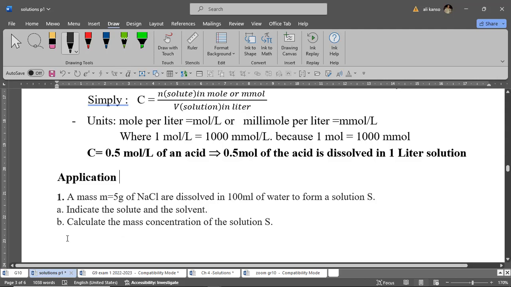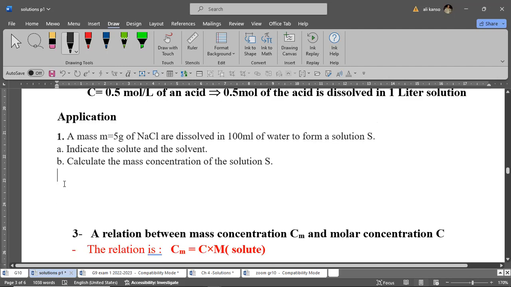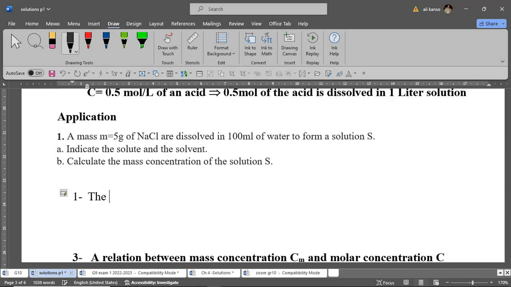Second, calculate the mass concentration. It's very, very easy. First of all, what is the solvent or solute? The solute that is dissolved here is NaCl, which is called sodium chloride, and the solvent is water.